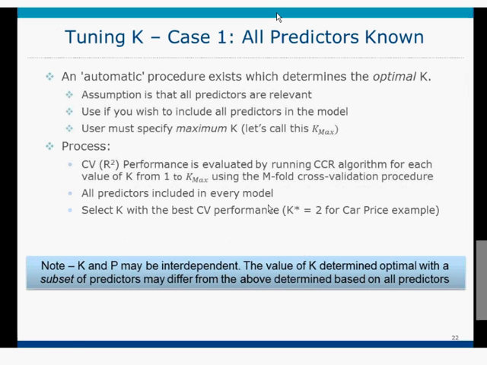Now, what is the CVR squared? Well, when you do M-fold cross-validation, you assign cases to one of M folds. So suppose M is 10. You have 10 folds, and you have 100 cases altogether. So the 100 cases are divided into groups of 10, so we have 10 cases in each fold.